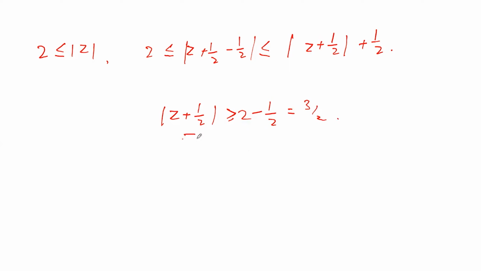So the minimum value of this is 3 by 2, and maximum what we can go is given as 2, right? So beautiful question, but we have to do it carefully, right?